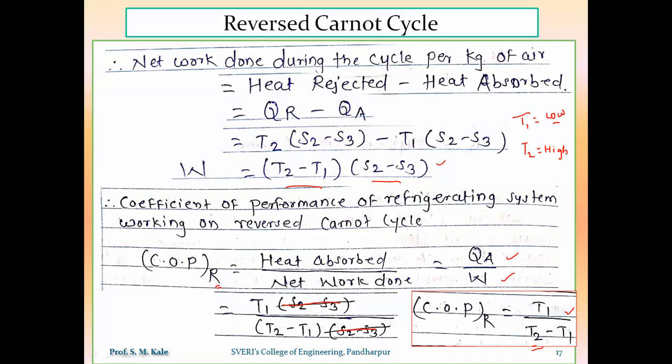The beauty of the reverse Carnot cycle is that its COP depends only on two parameters: the lowest temperature maintained in the refrigeration system and the highest temperature at which heat is rejected. It does not depend upon the refrigerant or the capacity of the refrigeration system.